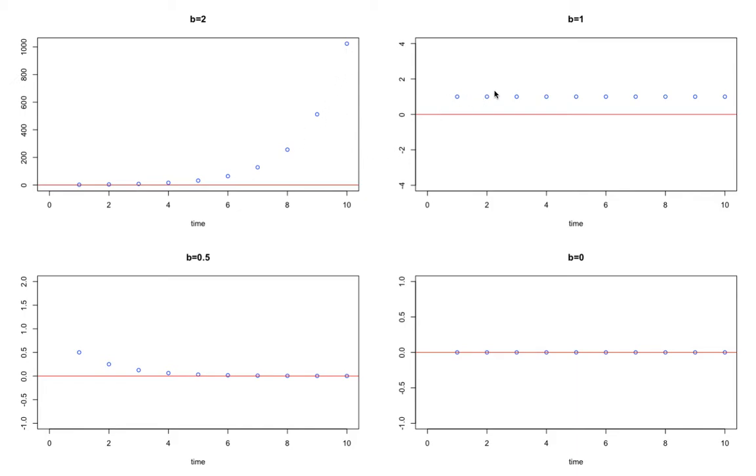In the second case, we have b equal to 1, and we see that it doesn't really matter to which power we take b, we're always going to get 1. So this is a situation where in period 1, the variable is thrown out of the equilibrium 1 unit away from it, and it stays 1 unit away.